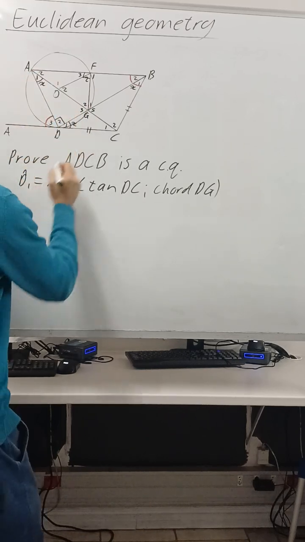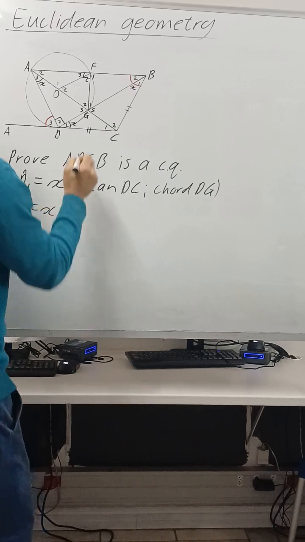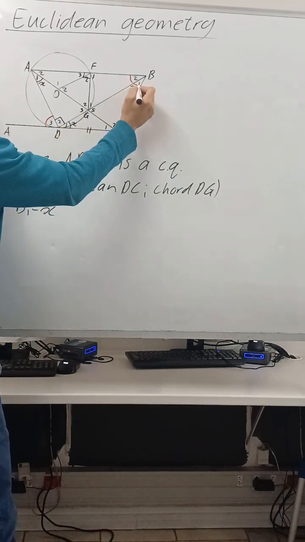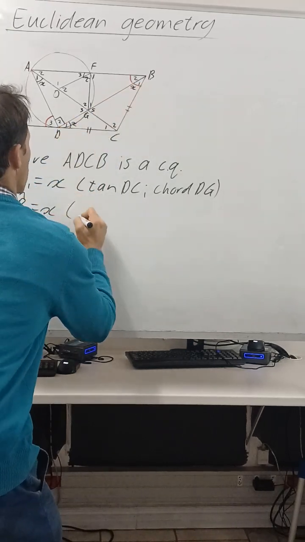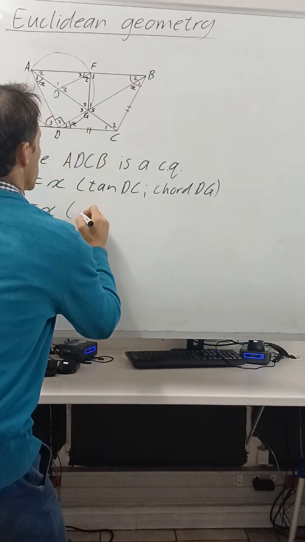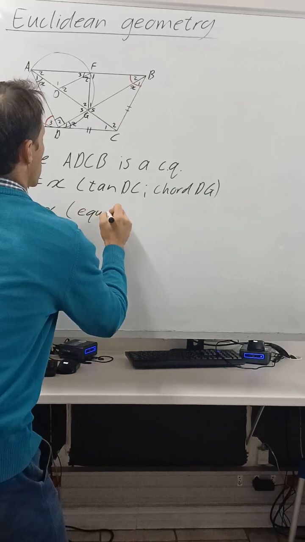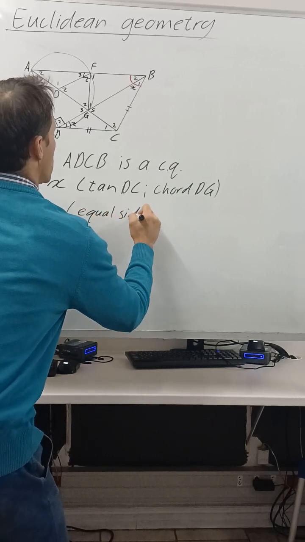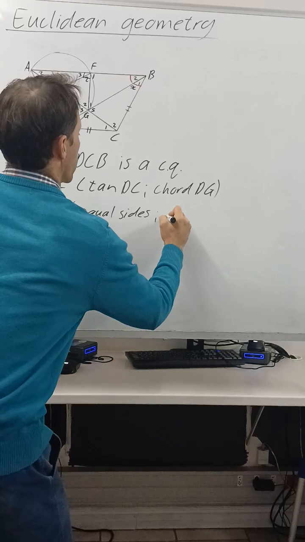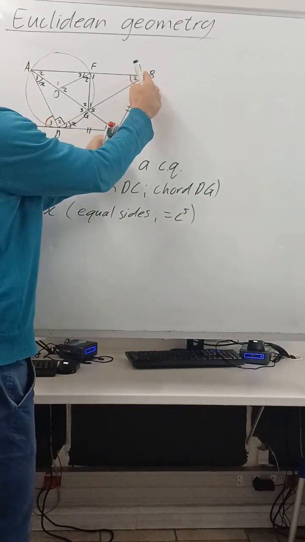And then I can say that this one is also equal to X, because that one and that one are equal, because of the equal sides. Equal chords or equal sides give equal angles. Equal sides, equal angles, in the triangle.